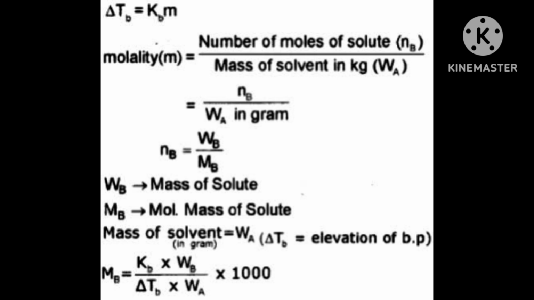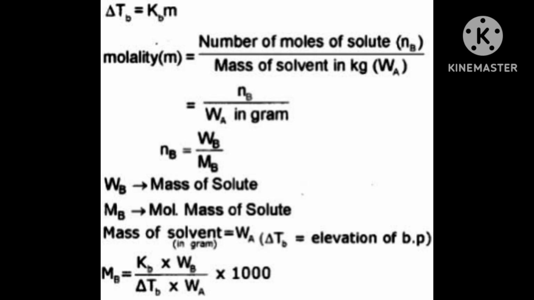Now if you want to calculate the lowering of vapor pressure, you should know these four values. You should know the pure solvent pressure, and in solution what the pressure of the solvent is. Then the lowering of vapor pressure will be known, and on this side, out of four terms, any one you want to calculate.